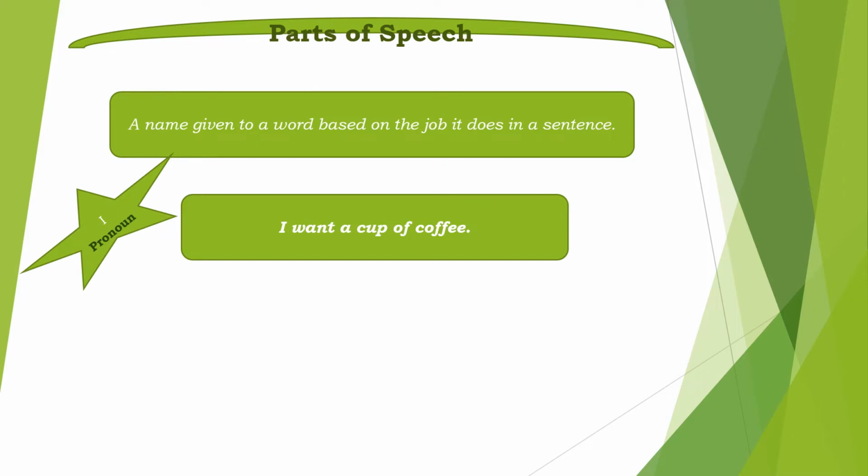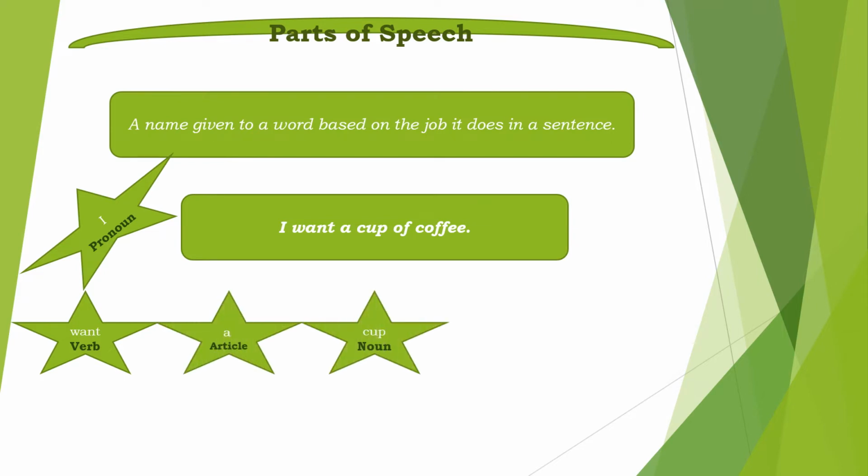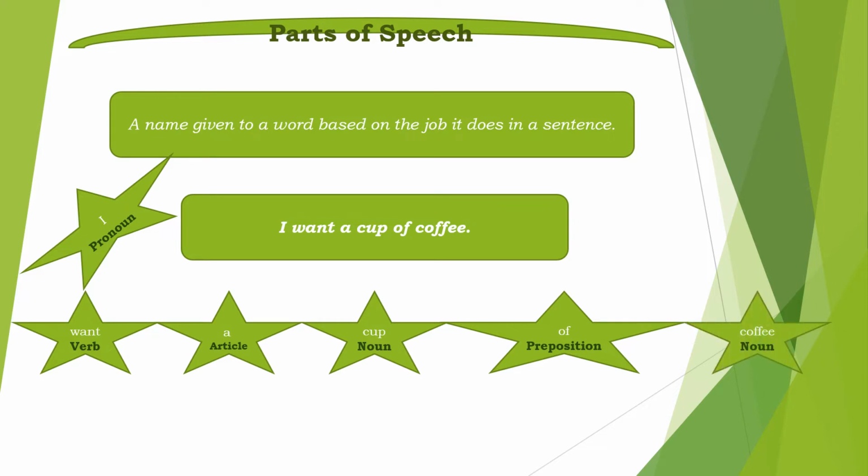I as a pronoun, want as a verb, a as an article, cup as a noun, of as a preposition, coffee as a noun. So I need all these 6 different parts of speech in order to write this sentence.